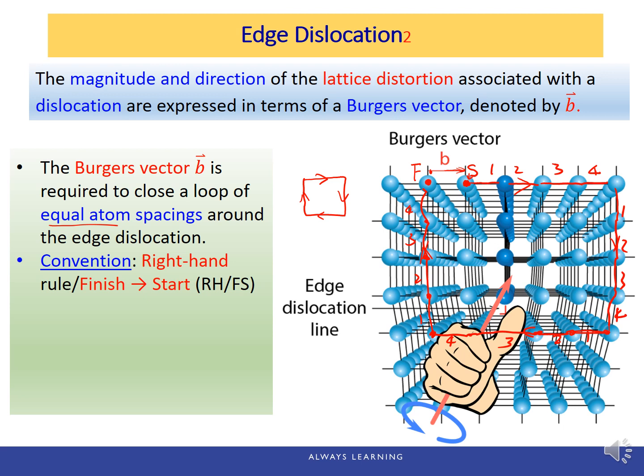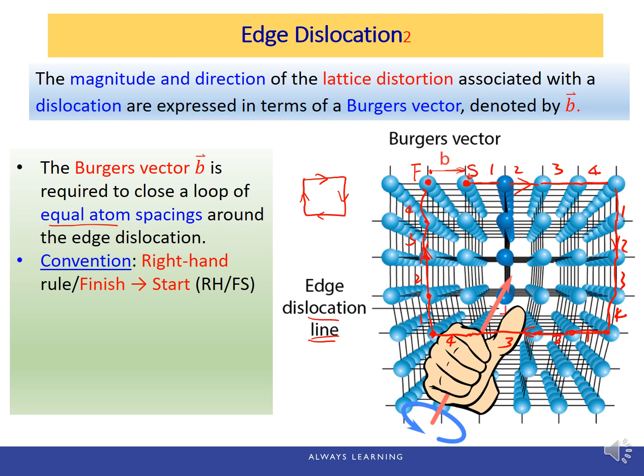The right hand rule actually is applied in a lot of different fields in engineering classes. So here, to apply the right-hand rule, we first figure out the direction of this edge dislocation line.